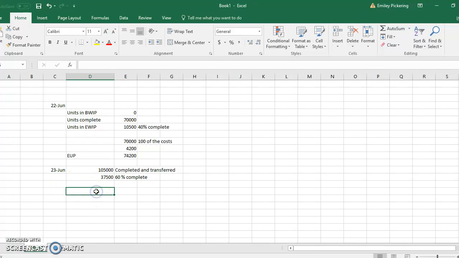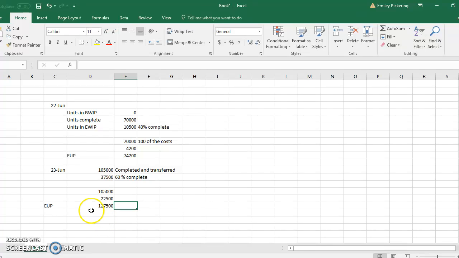So I know that I have 105,000 that were 100% complete. So I'm going to incur all of those costs, and then I have 37,500 that are 60% complete. So I am going to calculate that at 60% of the cost. So my equivalent units of production here is going to be 127,500.